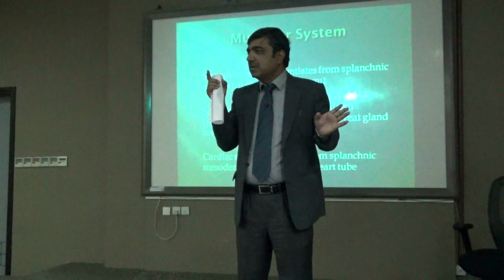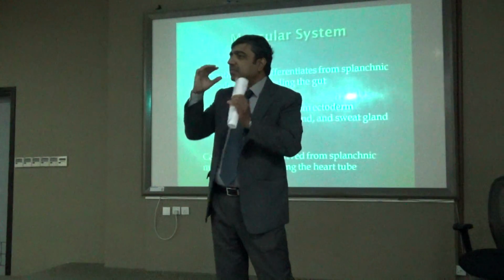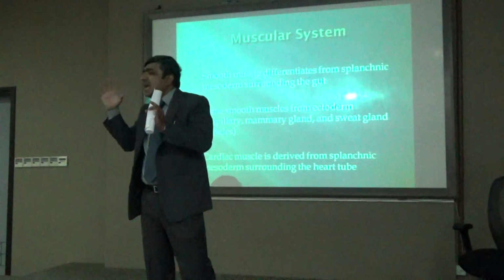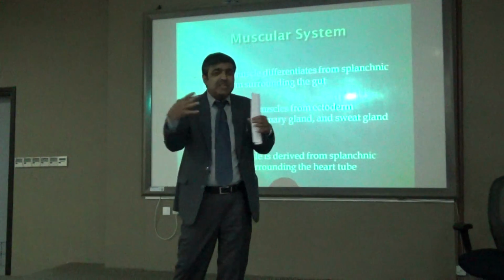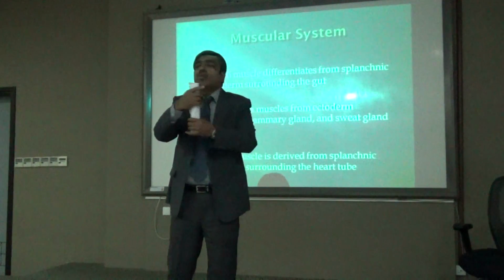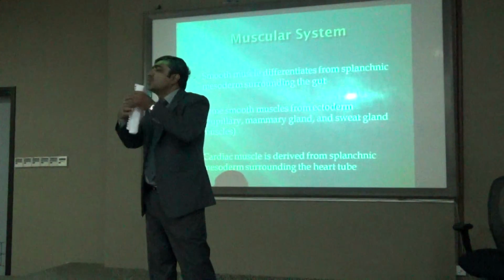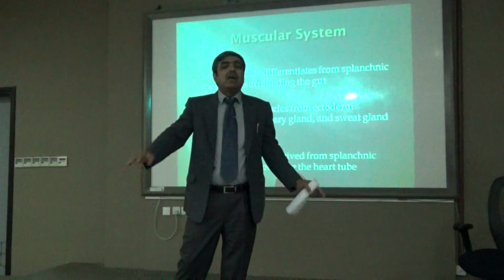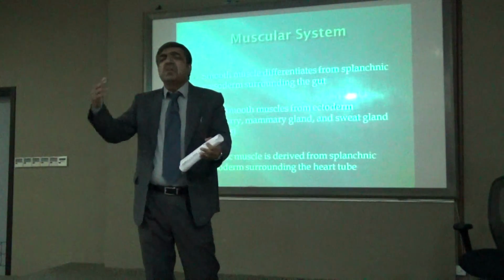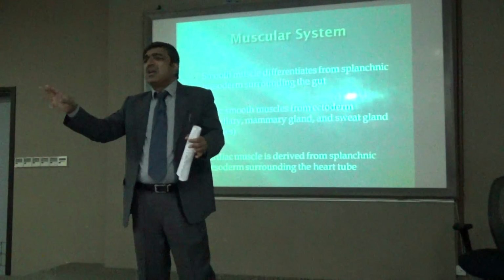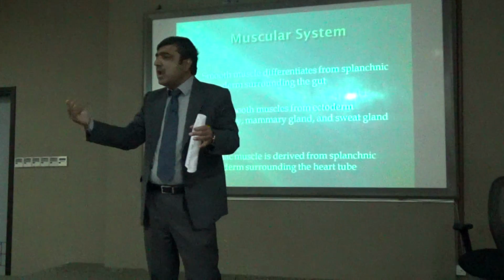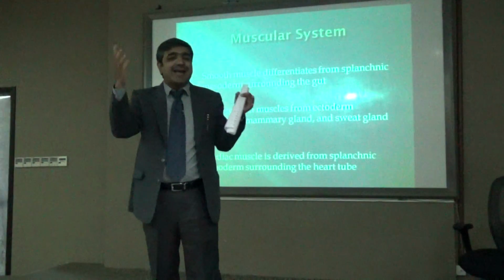Got my point? Around the endoderm, there are connective tissues. Under the influence of these connective tissues, they contribute in the formation of smooth muscles throughout the GIT. During this formation, later on, I'm not going into much detail, they also contribute in the formation of the liver, spleen, and other small glands.